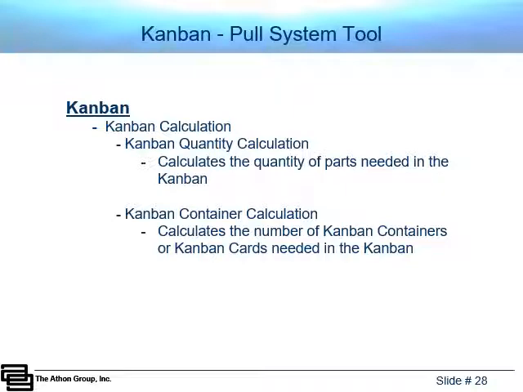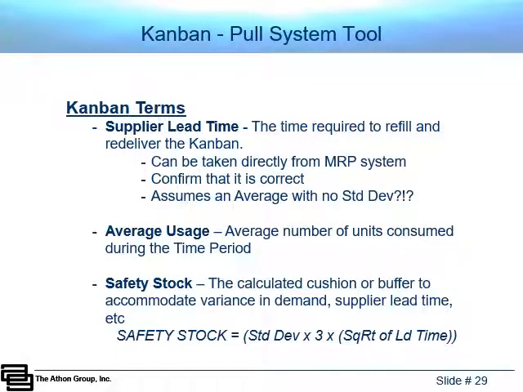So we have to talk about the Kanban calculation. How does that calculation work, and how does it determine how many containers we need? So there's some things we have to take into consideration, and this is part of the discussion that we had when we went through demand variability. The supplier lead time, often that's taken directly out of our MRP system. We want to verify that it's correct, and then we have to make sure that we have a good average and a standard deviation.